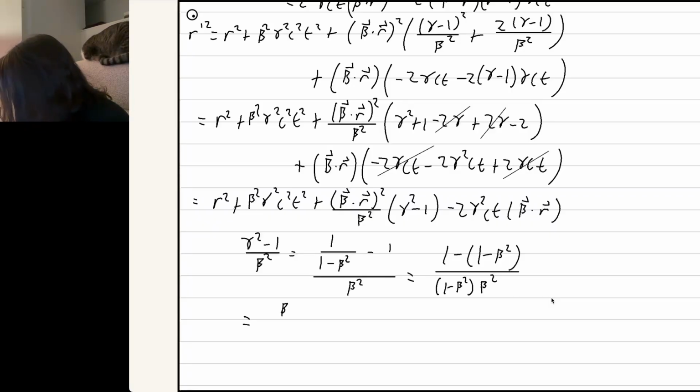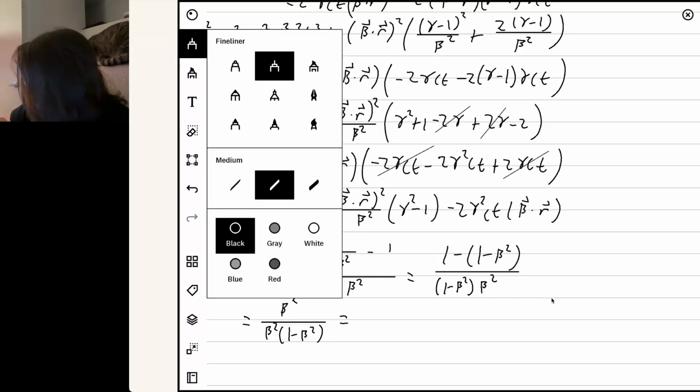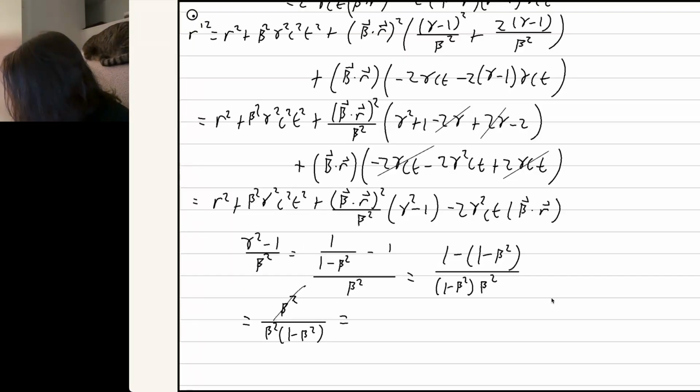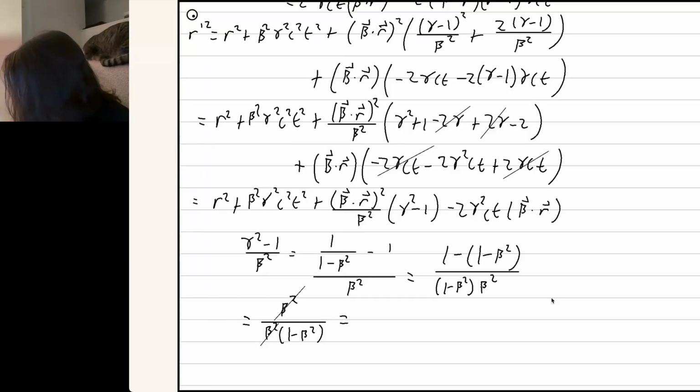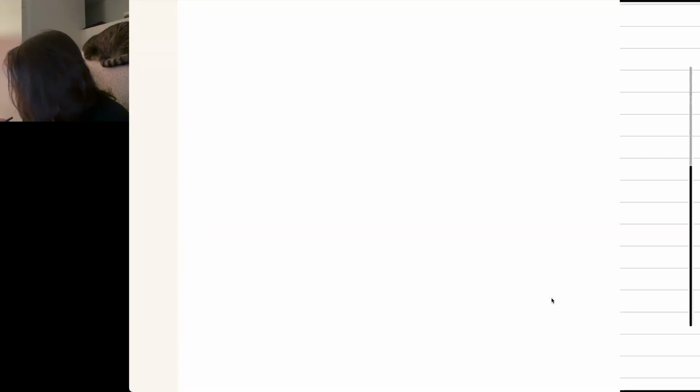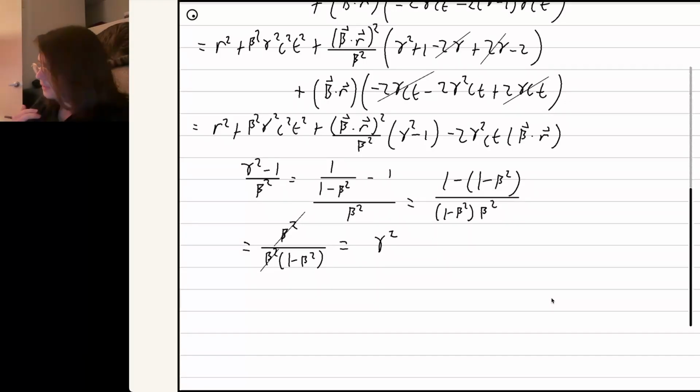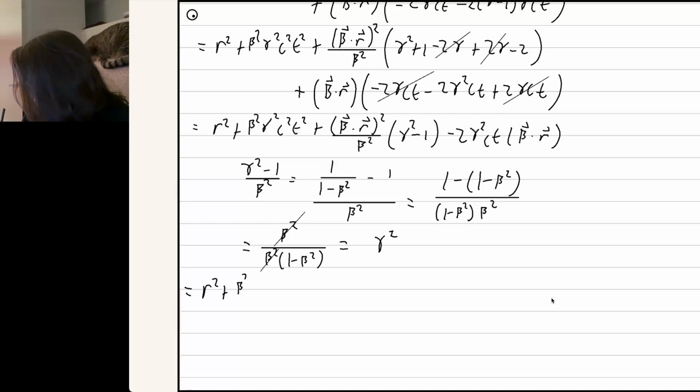That's just beta squared up top divided by beta squared times (1 minus beta squared). And then the beta squared terms cancel out. So it just ends up being gamma squared, which is pretty cool. Took me a long time to figure that out.